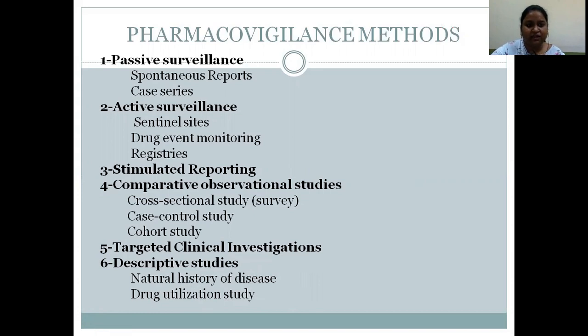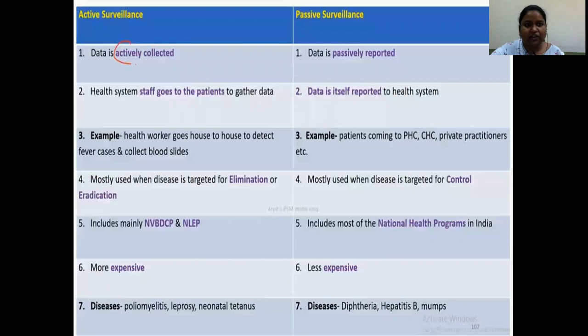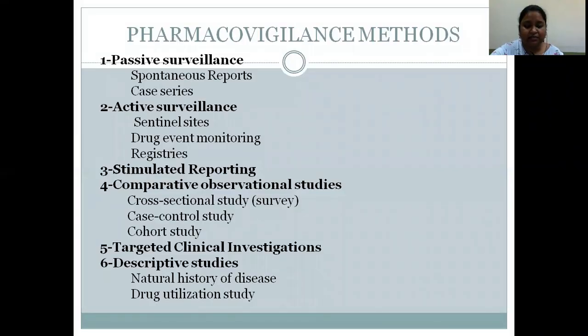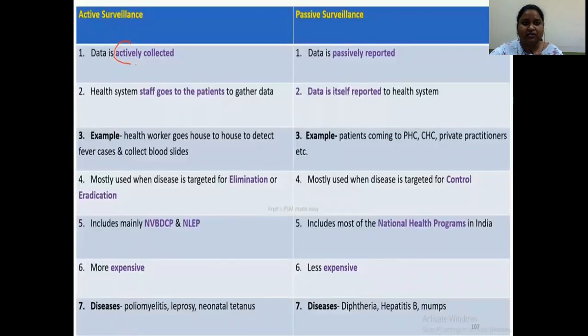In the passive surveillance, 2 types of reports come under it. First is the spontaneous report. Second is the case series. The active and the passive surveillance go side by side. Here I have written the difference between active and passive surveillance.